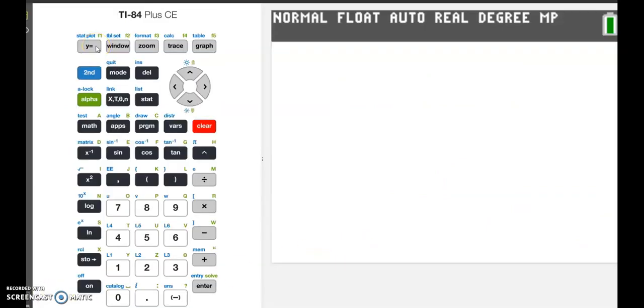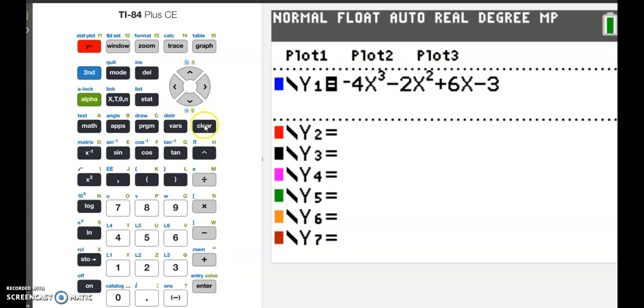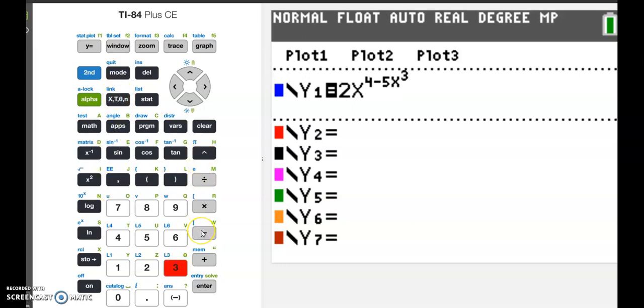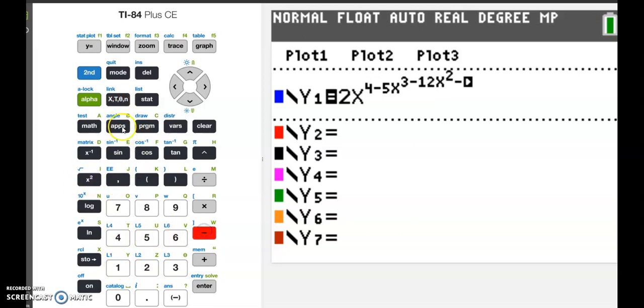All right, so in the graphing calculator, I'm going to go to my y equals up here, clear anything out that's there, and then type in my example 2: x to the 4th, minus 5x to the 3rd, minus 12x squared, minus x plus 4.